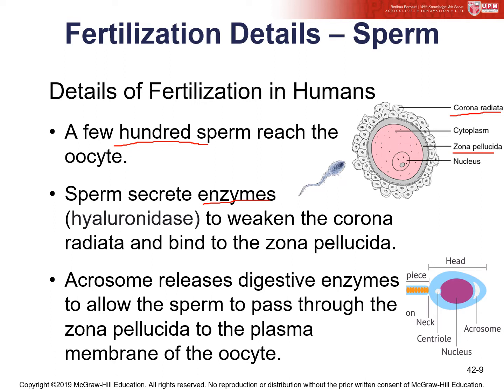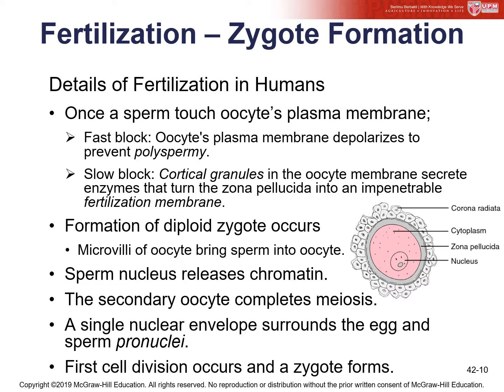The zona pellucida can be digested by an enzyme released by the acrosome of the sperm. Before this, I mentioned the protective layers found on the oocyte. This kind of protective layer is very helpful to prevent polyspermy.